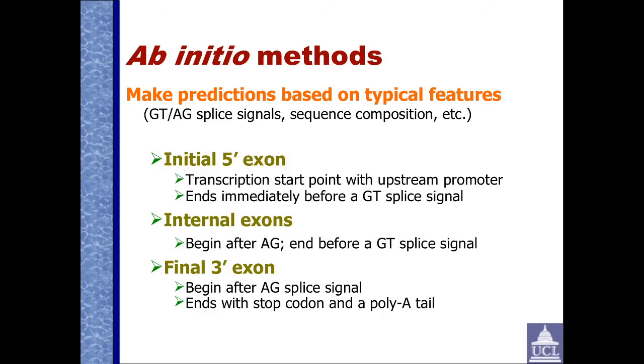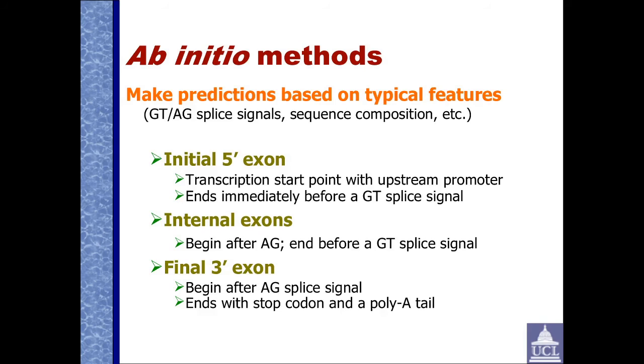As I said, ab initio methods make use of features of DNA rather than looking at similarities between DNA. So these sorts of features include things like GT-AG splice signals, and we'll come back to these in more detail later on, and things like sequence composition.